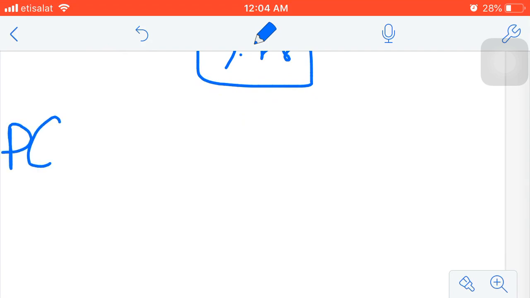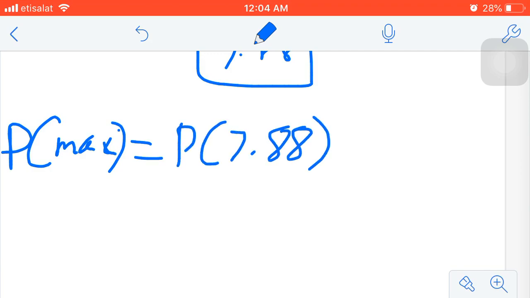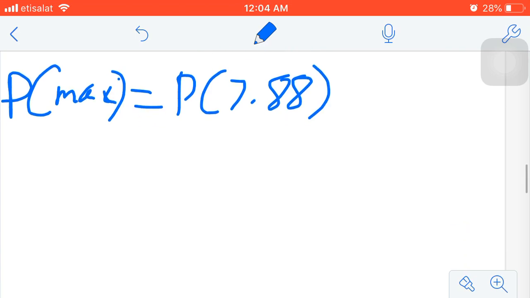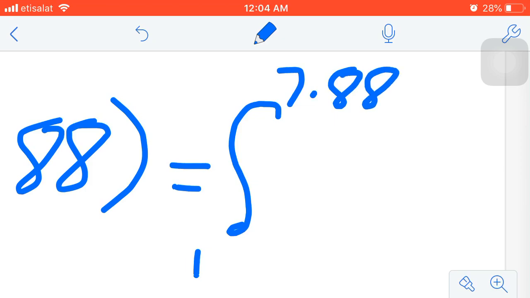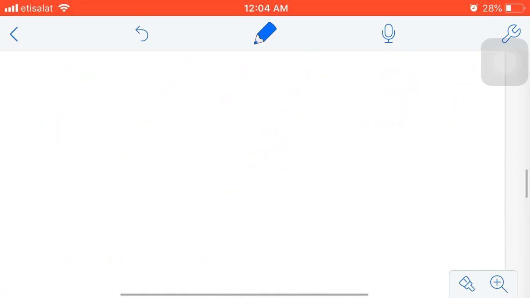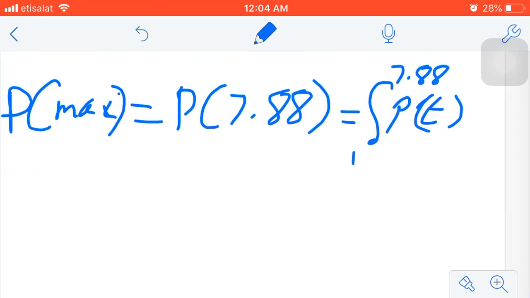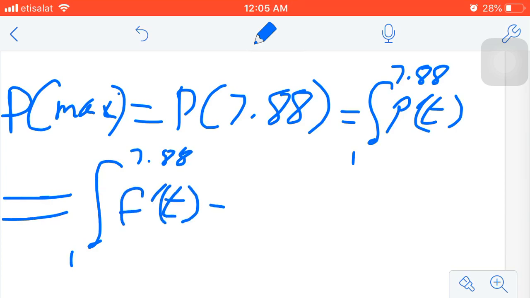We'll have P max equals P of 7.88, which is the integration from 1 to 7.88, because that's when the maximum amount of people will be, of P prime of t, which is the integration from 1 to 7.88 of f prime of t minus g prime of t, again dt.